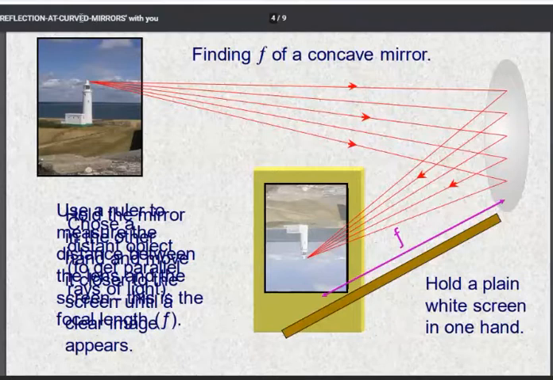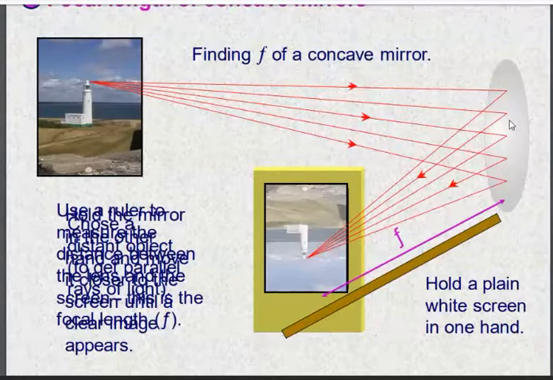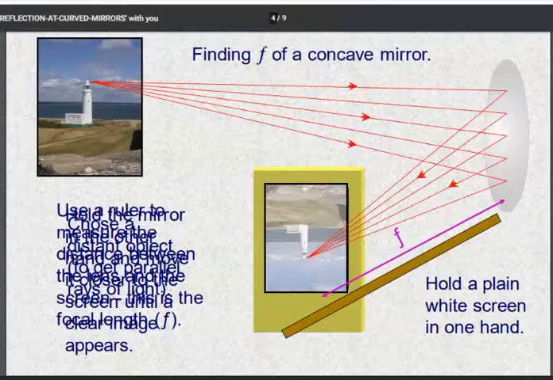Try to understand. We take a distant object, assuming that the object is at infinity. In comparison to the size of this mirror, the distance of this object from the mirror is infinitely long, so we can say that this object is at infinity.